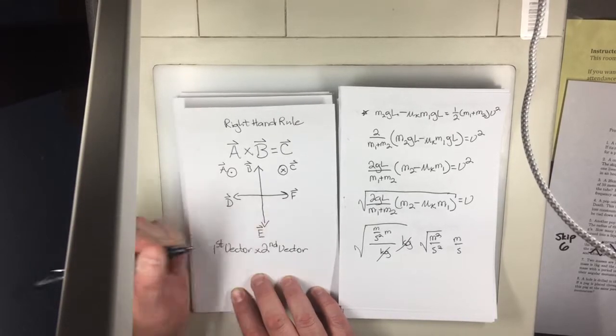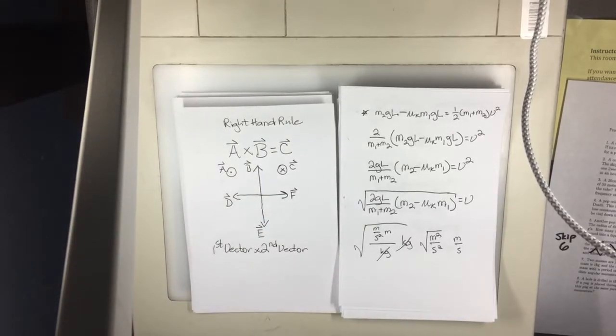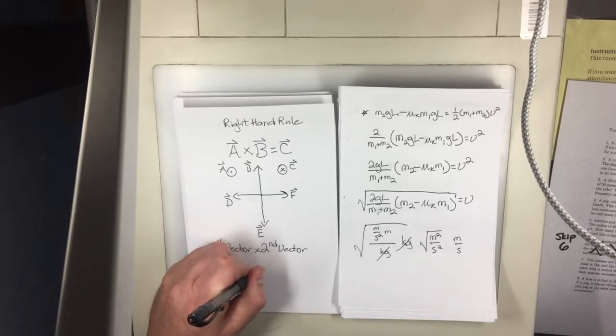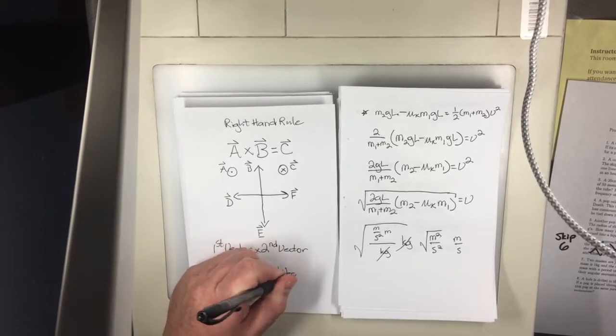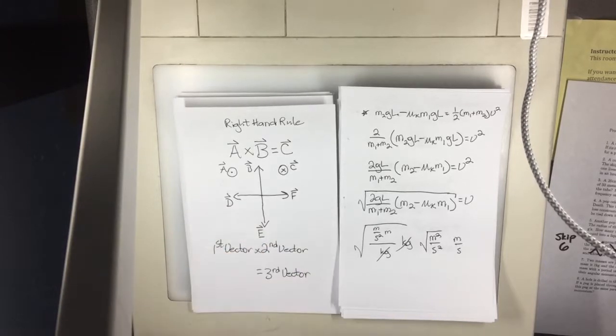It will be used for something called torque, and we'll do that tomorrow, torque or rotational force. For those of you continuing on to 214, the right-hand rule will be used for charged particles and magnetic fields. So it is a very useful thing to have.